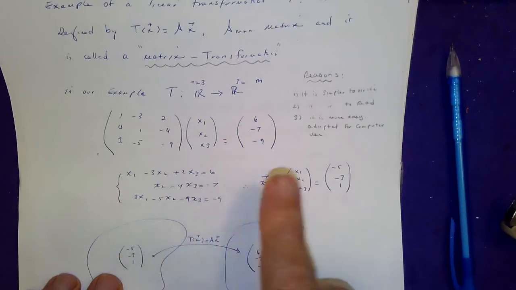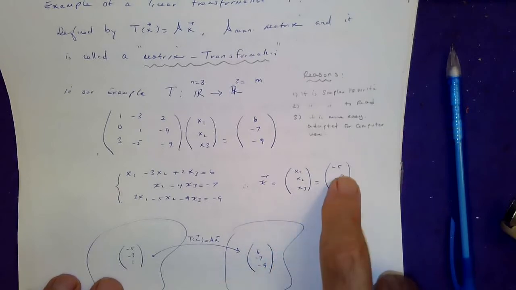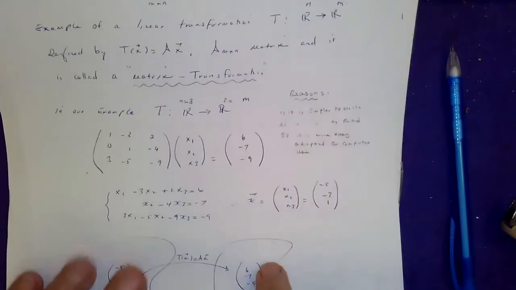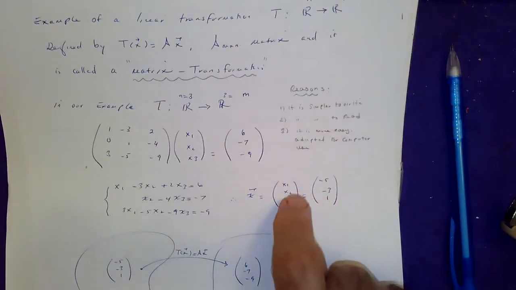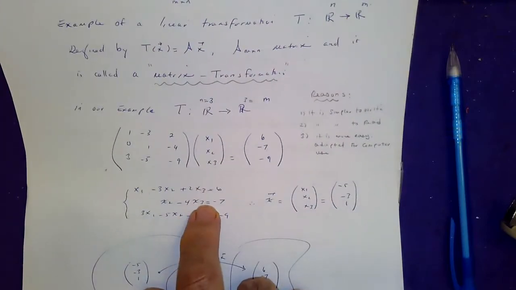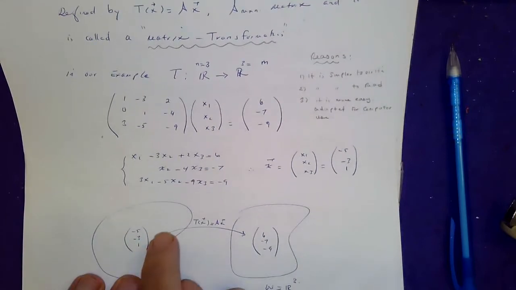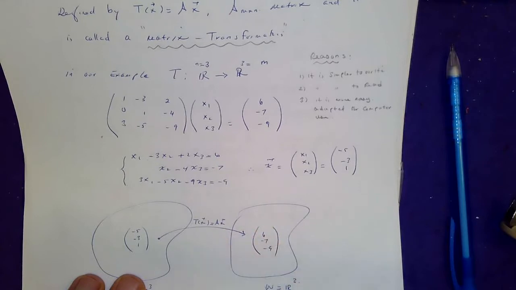So what is it that we just found? We just found that the image of the vector -5, -3, 1 under this transformation is B, which is 6, -7, -9. In other words, we just found the solution to this system of linear equations. So the solution gets mapped to that column vector.